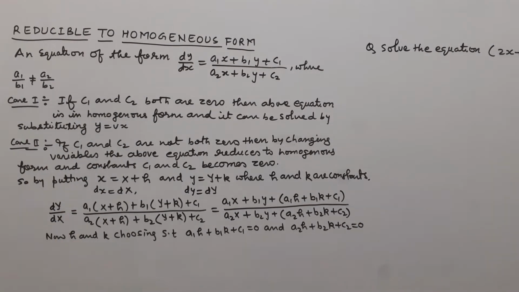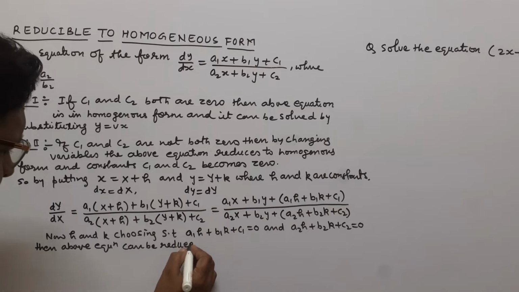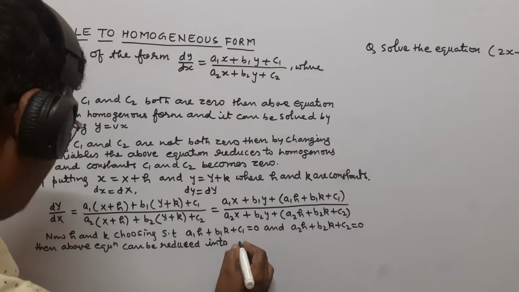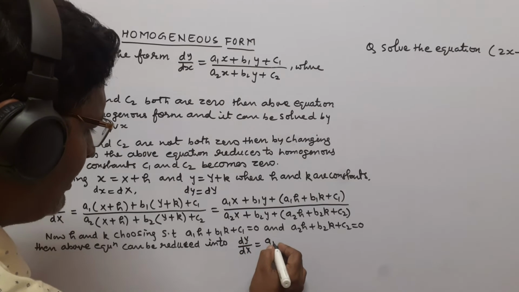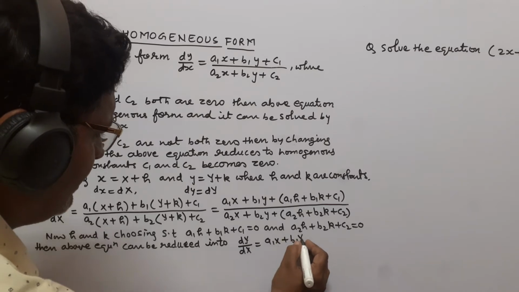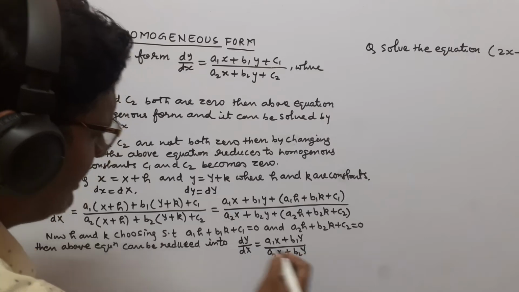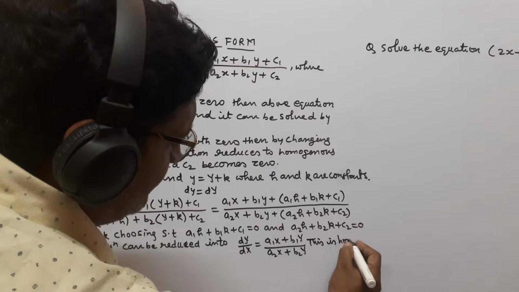Then the above equation can be reduced into d capital Y upon d capital X is equal to a1 capital X plus b1 capital Y divided by a2 capital X plus b2 capital Y, and this is homogeneous.